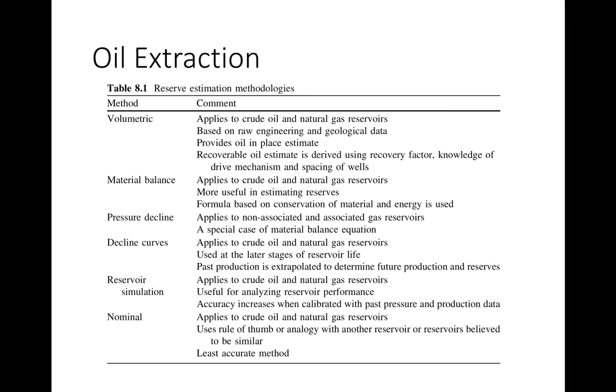It's most useful at the later stages of a reservoir life because at the later stages, as the deposit gets depleted, you can see more drastic changes in the rate at which the oil is extracted. And you have more past production data that you can extrapolate as well.